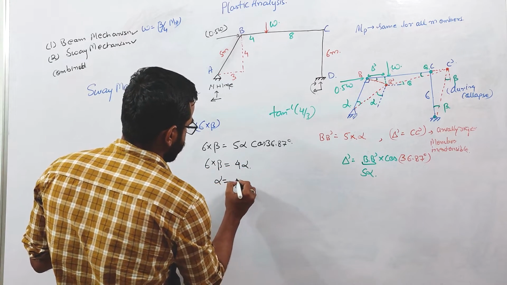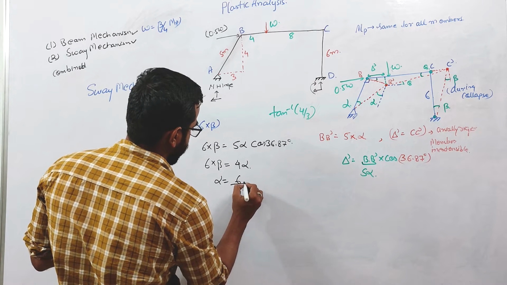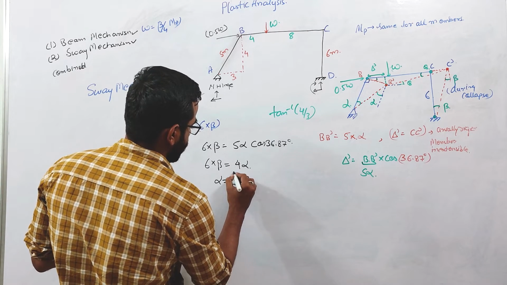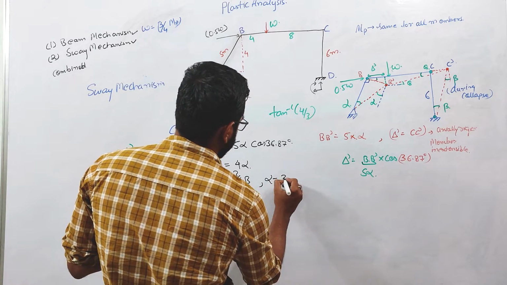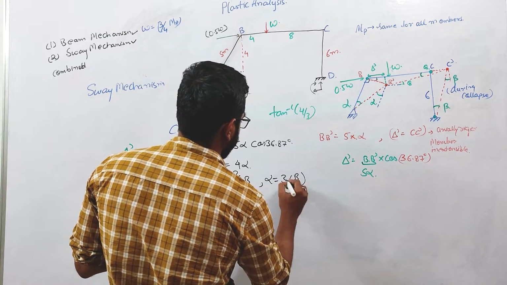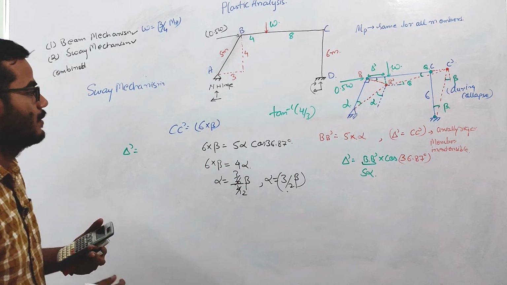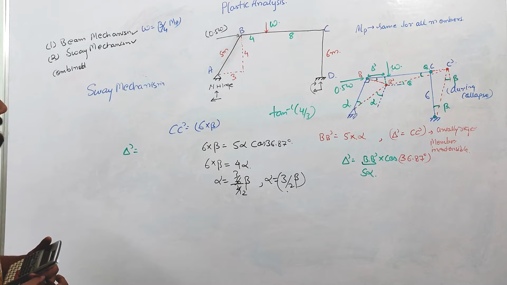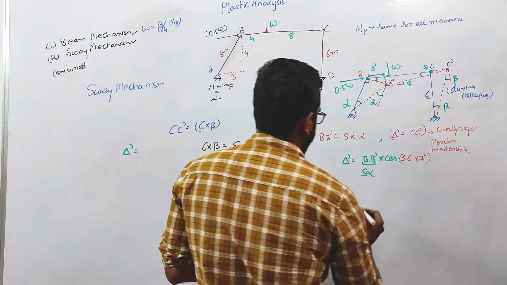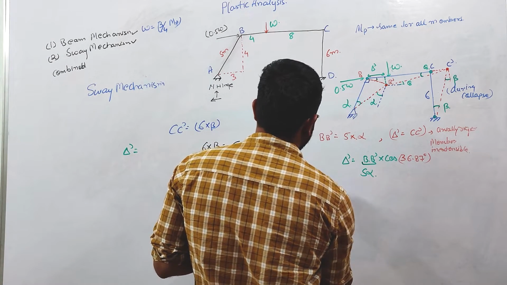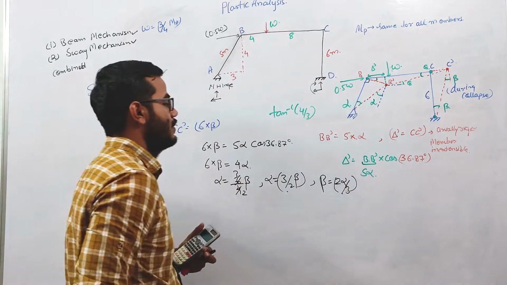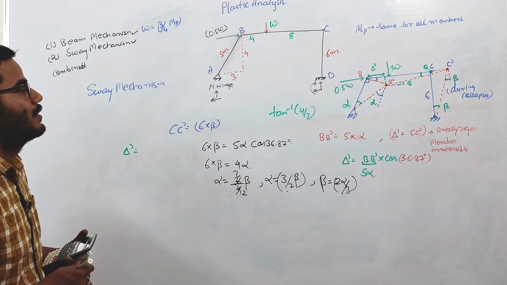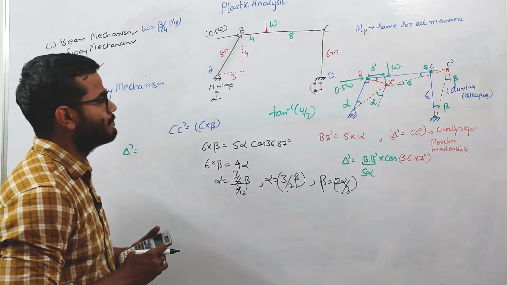So alpha is equal to 6/4 beta, which is nothing but 3/2. So alpha is equal to 3/2 beta, or you can say that beta is equal to 2 alpha by 3.